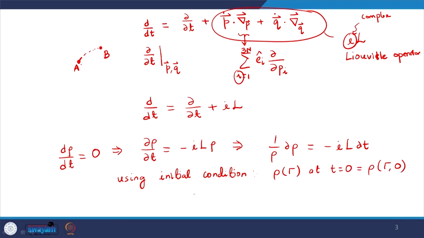Therefore, what we have is rho gamma t is equal to rho gamma 0 exponential of minus I L t.